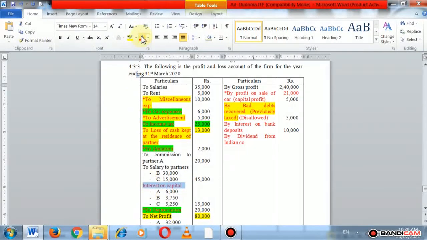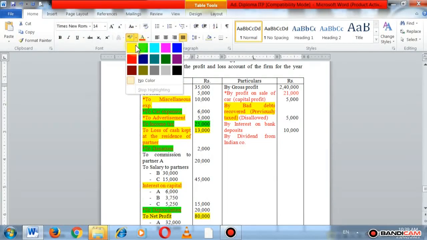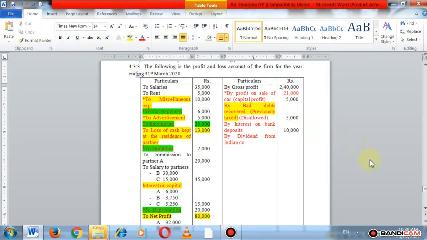Only one item remains here, that is interest on capital of the partners. Interest on capital is given at the rate of 15%, and it is allowed up to 12%. So here we compute the amount taxable.